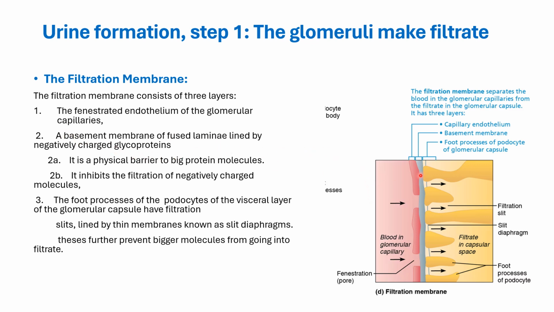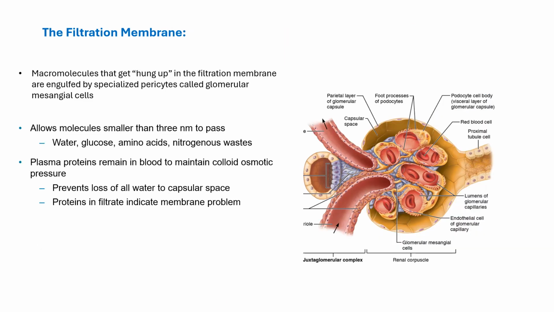So it also stops the negatively charged particles from passing. And the macromolecules that get hung up in the filtration membrane are engulfed by the specialized pericyte cells called glomerular mesangial cells. We already talked about them when we were discussing the anatomy.